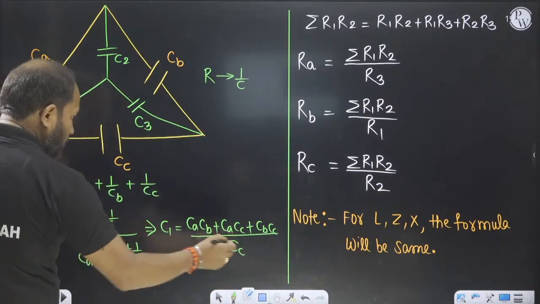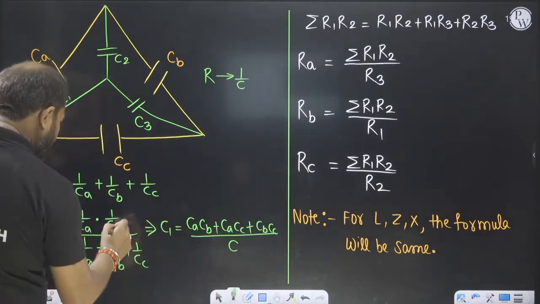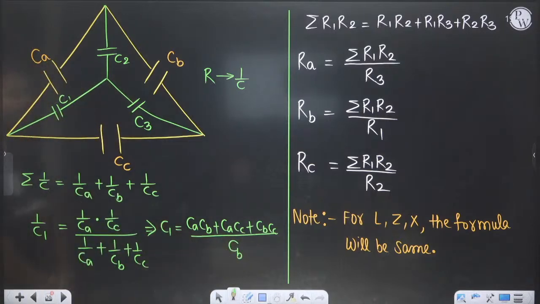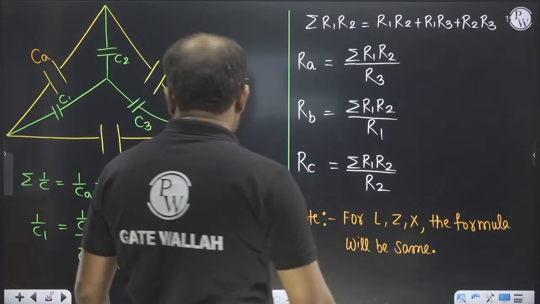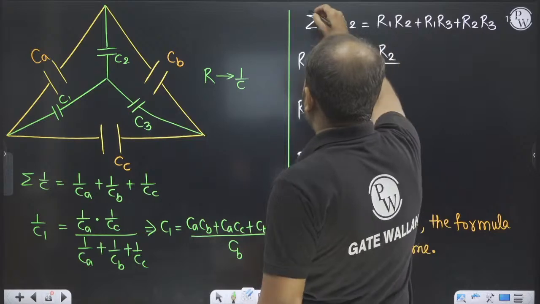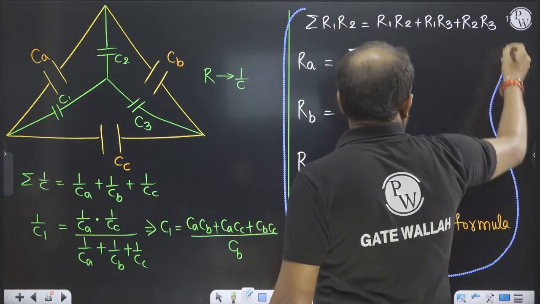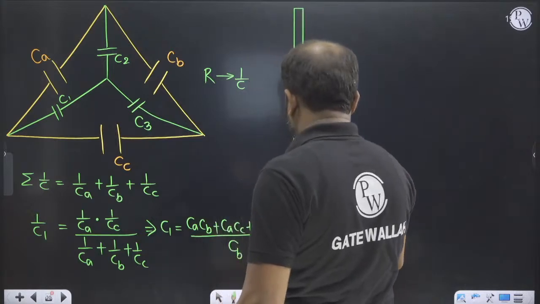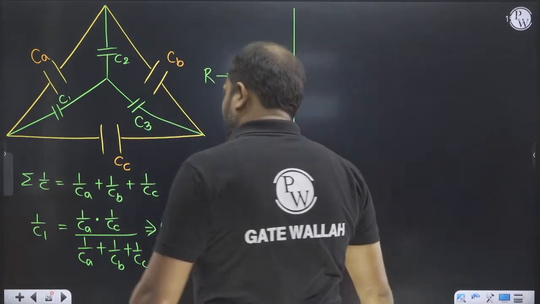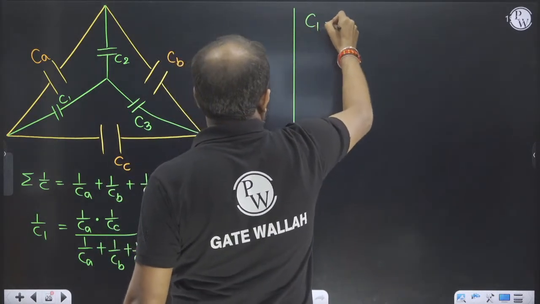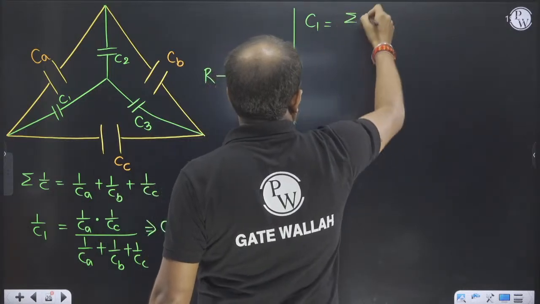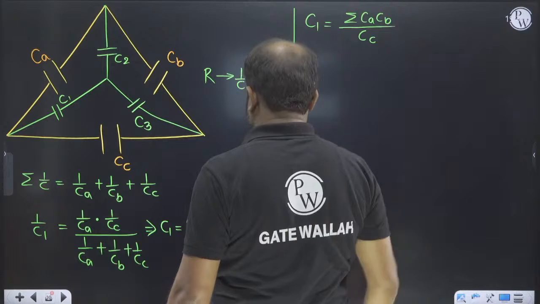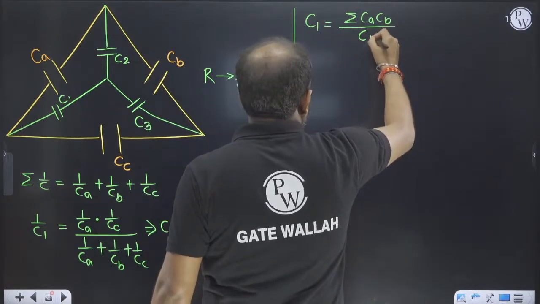So this is the point here. Yes sir. So like that you can remember, or you can remember like this also. I will write C1 as the summation of CA CB divided by CC CB. Yes sir.